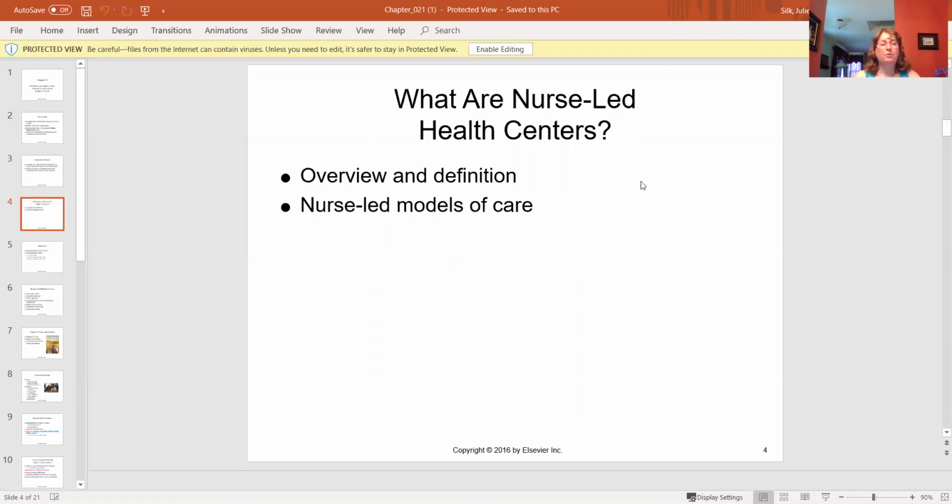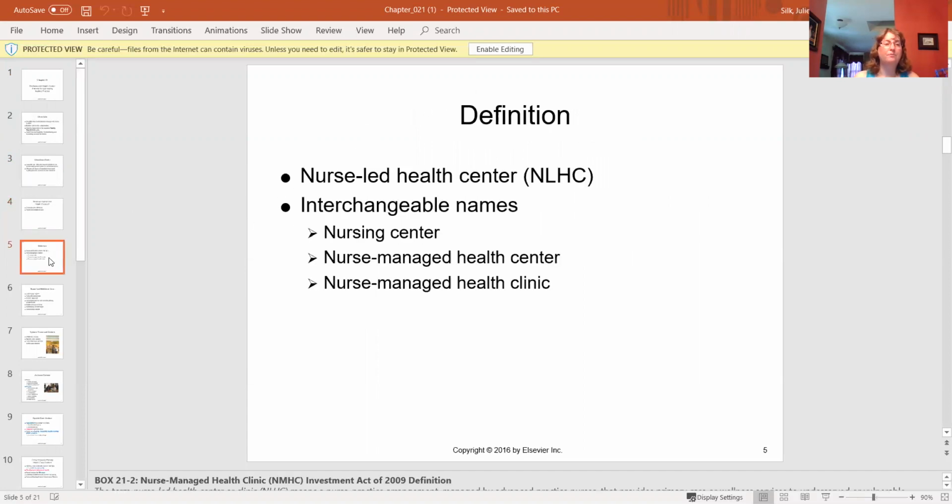Okay, so the first part of this, what are nurse-led health centers? So we're going to talk about the definition of that, and then we're going to talk about the nurse-led models of care. So a nurse-led health center. Let's talk about that first.